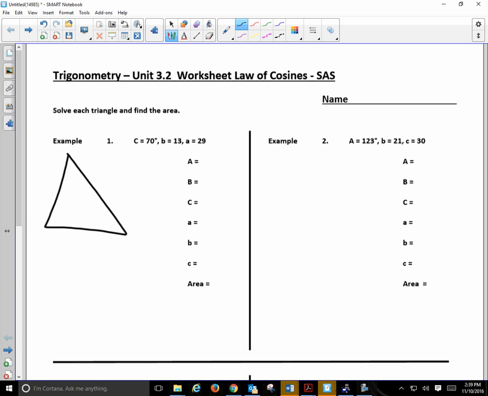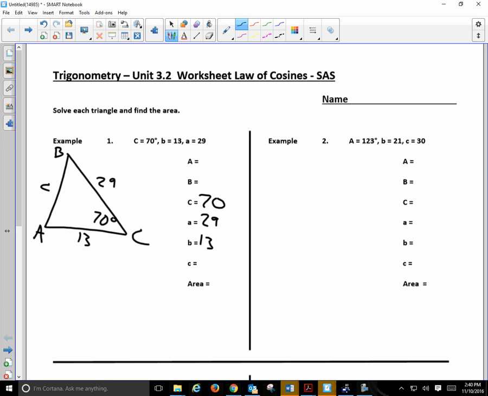I have this triangle. I'm going to call it ABC. C is 70 degrees. B is 13. A is 29. What kind of triangle do I have? Angle, angle, angle?